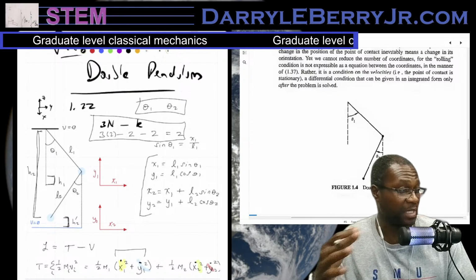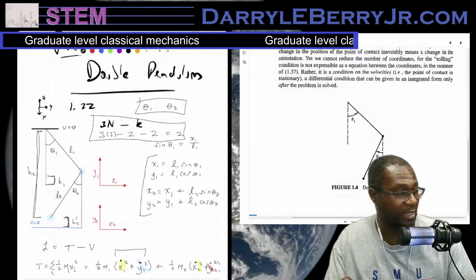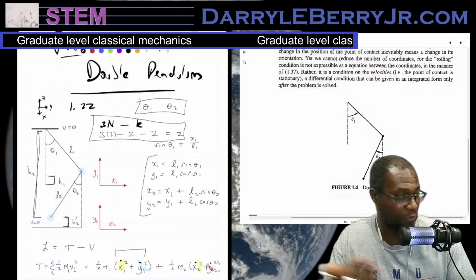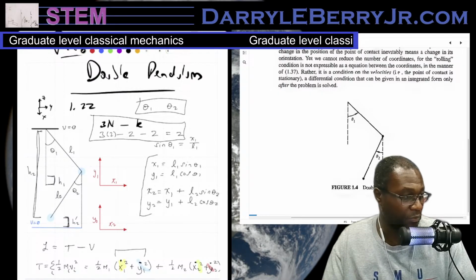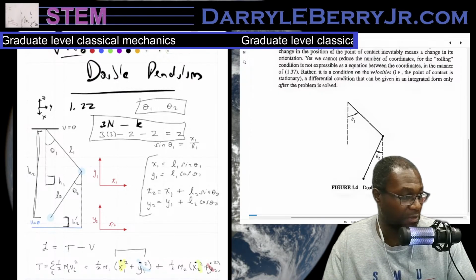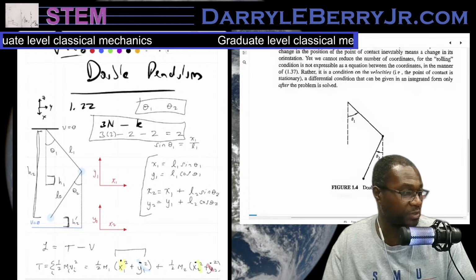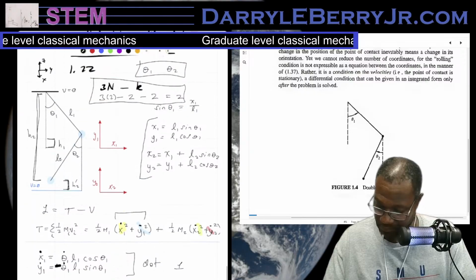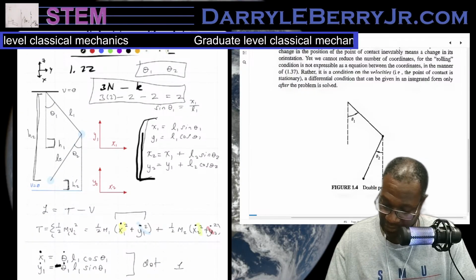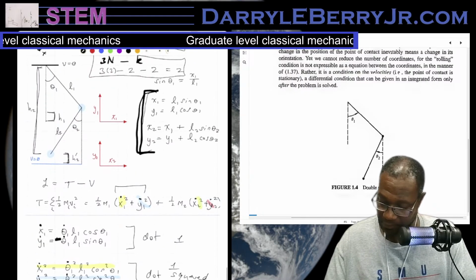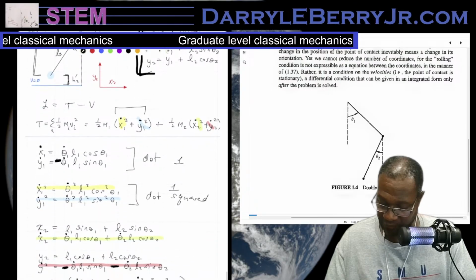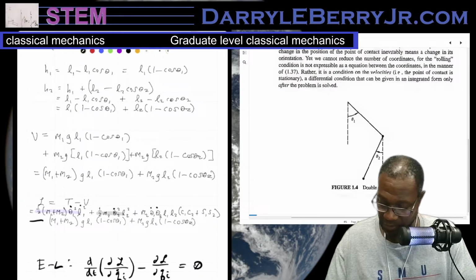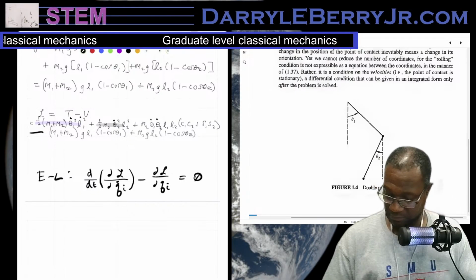But for now, I'll just have to keep in mind with a double pendulum, you go straight to xy, ignore z, assume that it's in a two-dimensional plane, and then use your constraints to limit the equations to the two generalized coordinates. So you see how I took the limits of the lengths of the rods and put those in terms of theta 1 and theta 2 and simplified my equation that way.